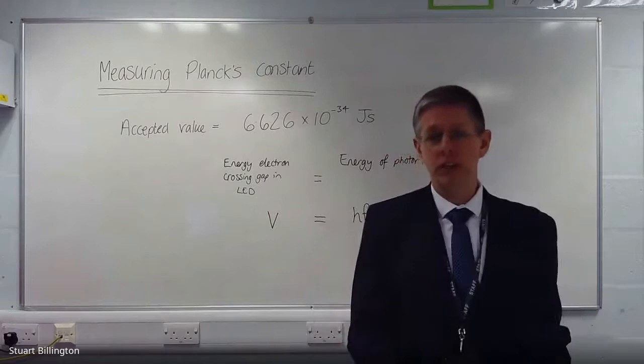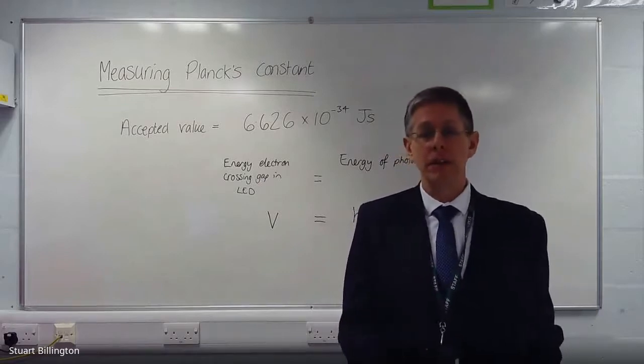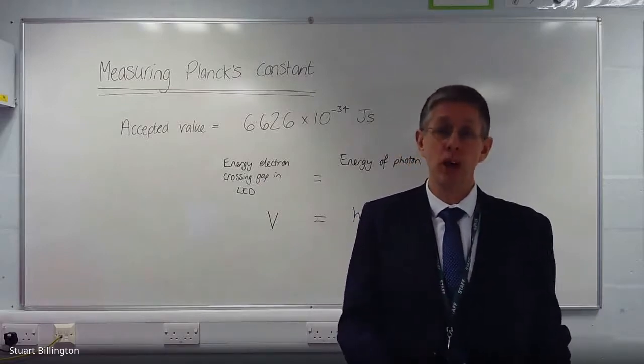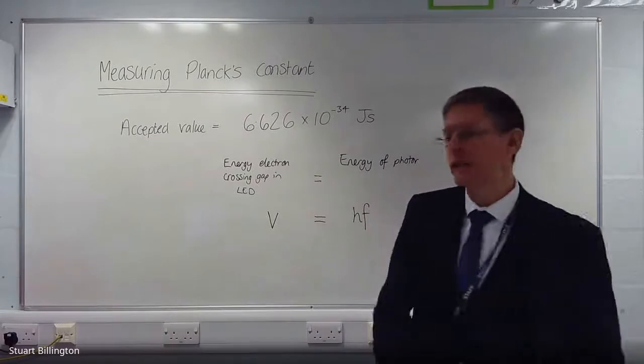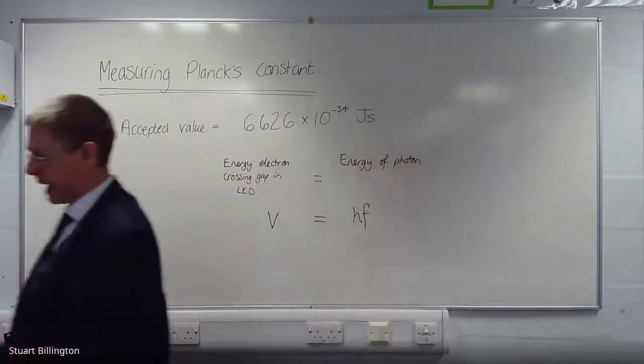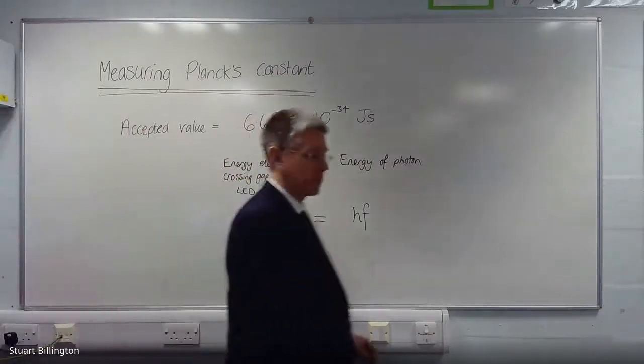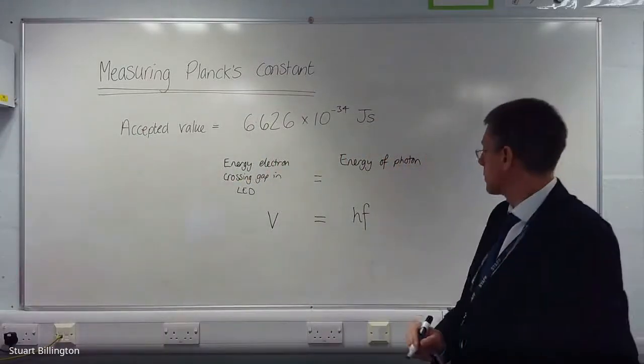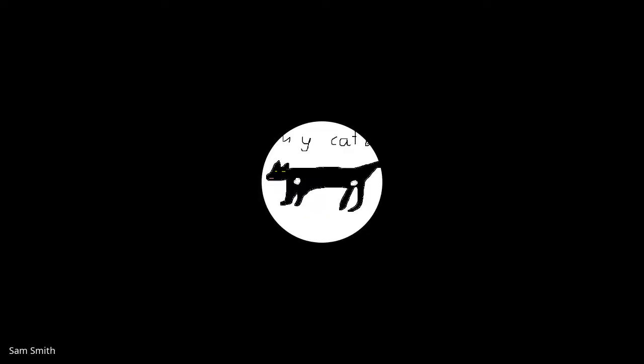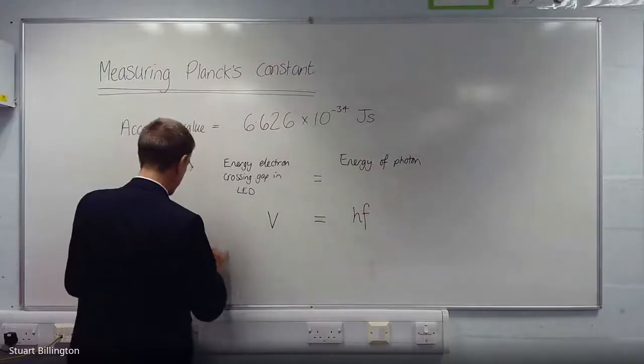Because if the voltmeter is reading 0.95, that means it's 0.95 joules for every single coulomb. Does anybody remember how many coulombs an electron has got? Is it 1.6 times 10 to the minus 19? Or is that the other way around? No, that's correct.